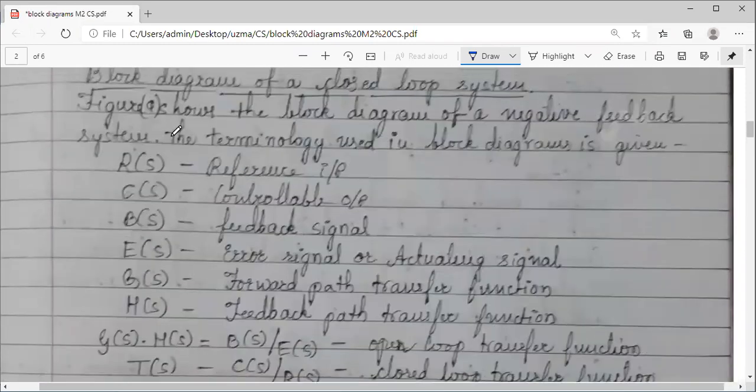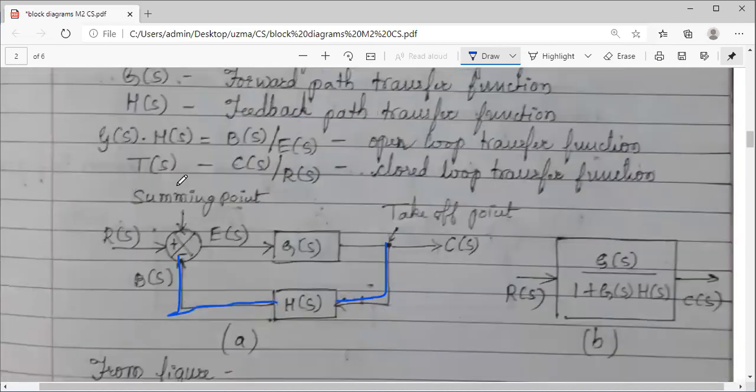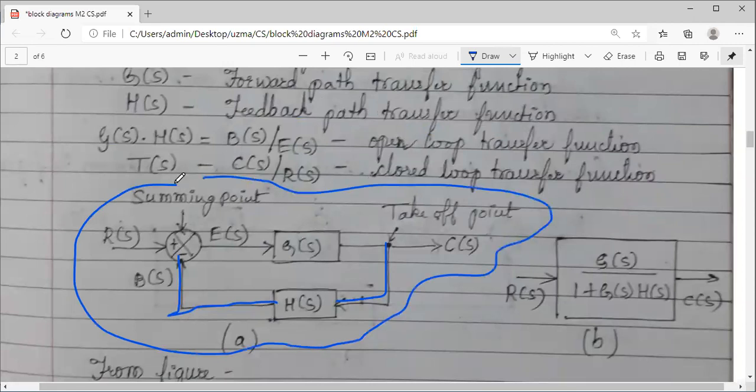Now the figure shows the block diagram of a negative feedback system. Observe the figure. This is the block diagram for which we will look into the block diagram representation. R of S is your input signal, that is your reference input.